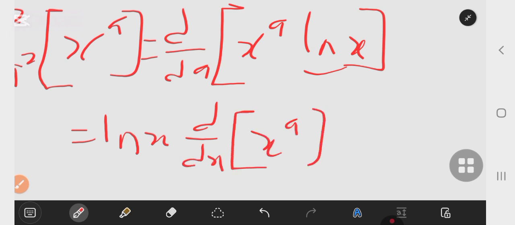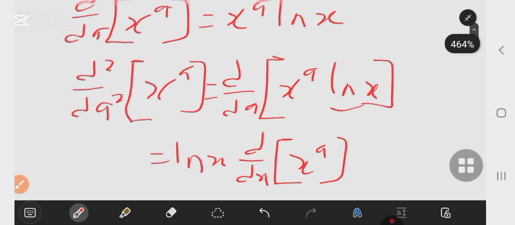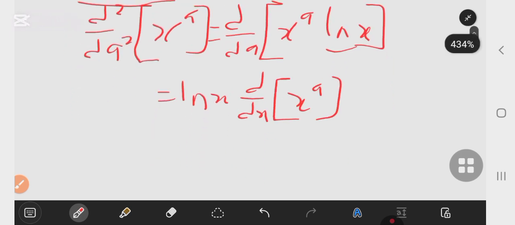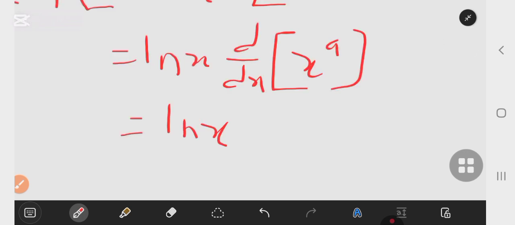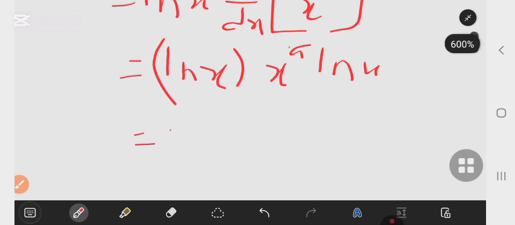Now, what did I have here initially? The derivative of x to the power of A is x to the power of A ln x. So here I'll have ln x multiplying x to the power of A ln x. So I'll be left with x to the power of A ln squared x.